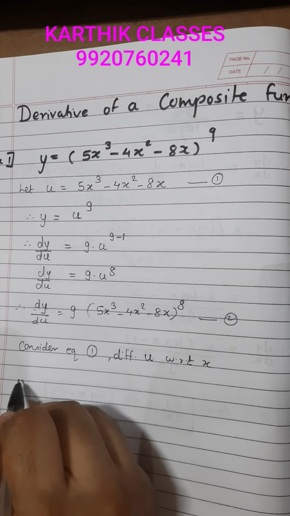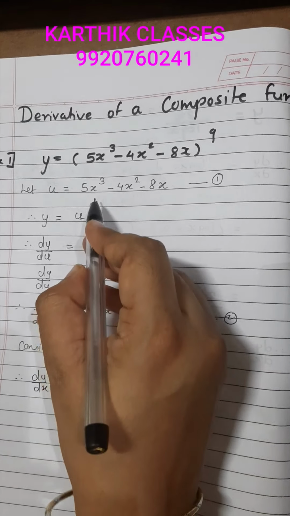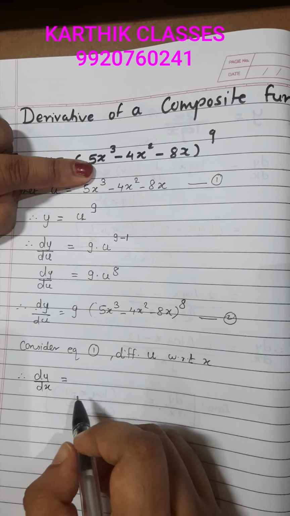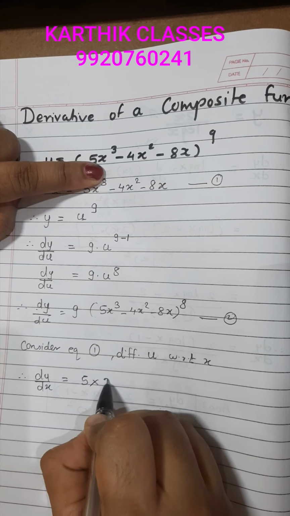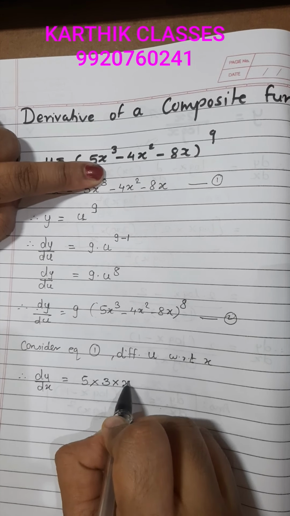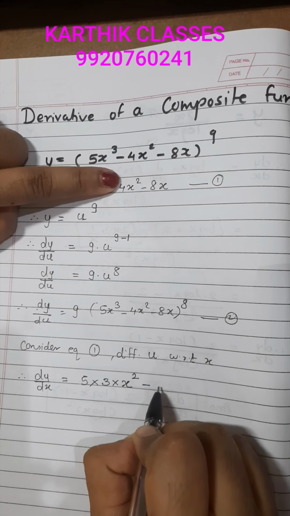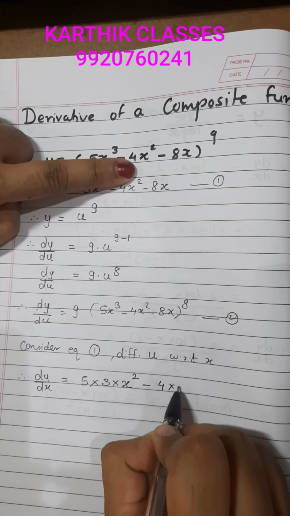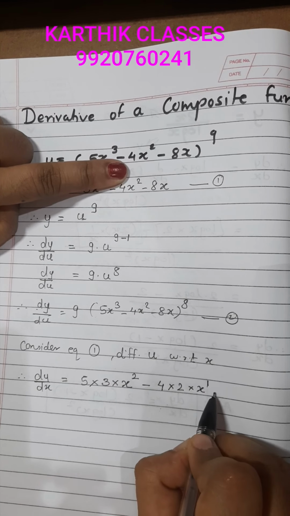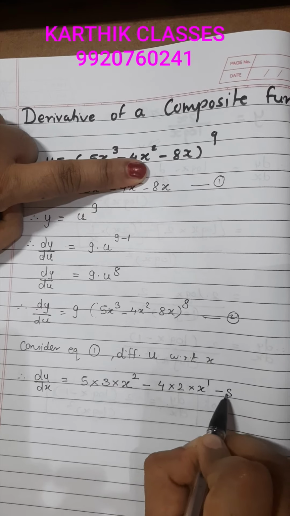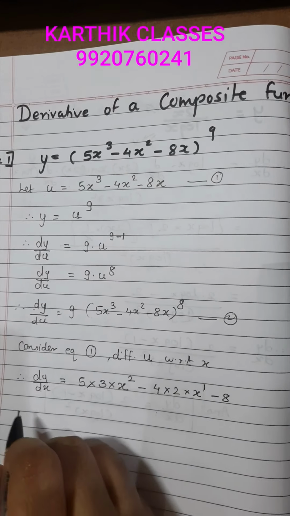We will get du by dx as, taking each term and differentiating, constant 5 into degree 3 into x raised to 3 minus 1, which is 2, minus constant 4 into degree 2 into x raised to 2 minus 1, which is 1, minus 8, because x raised to 1 differentiates to x raised to 0.